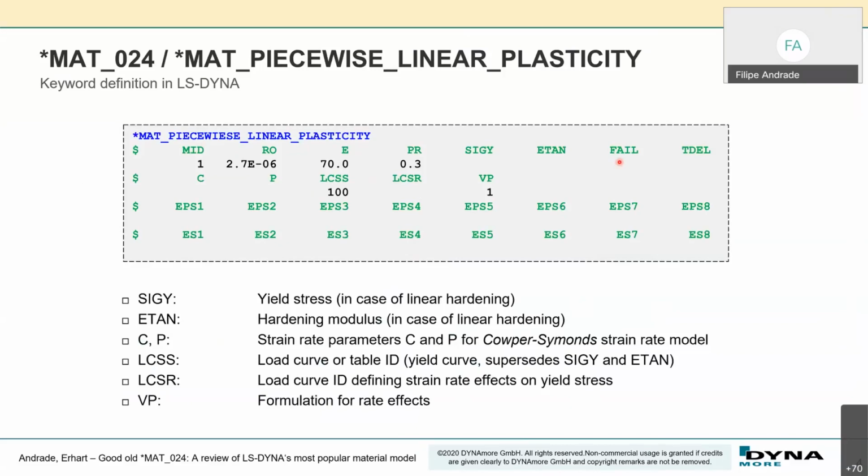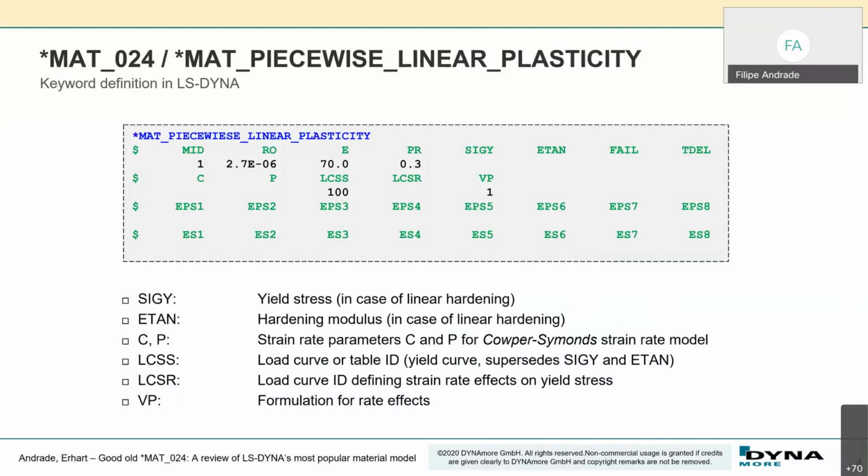So you have the same failure strain for tension and compression, for instance, which we know is not really true from experiments. So keep in mind that this is a very, very simple failure criterion. If you need something a little more sophisticated and realistic, then you have to use some other criteria or a damage model like GISSMO.